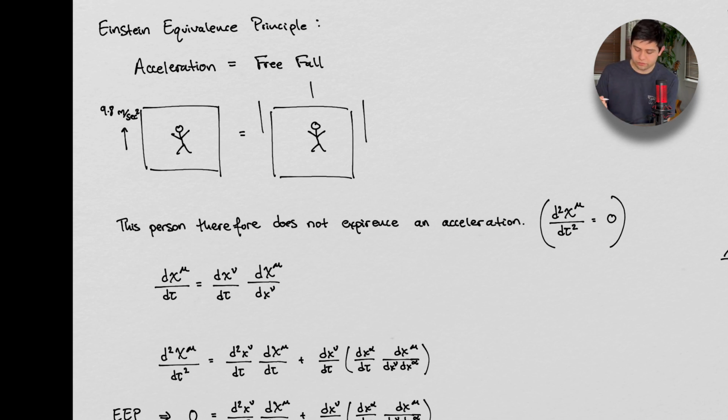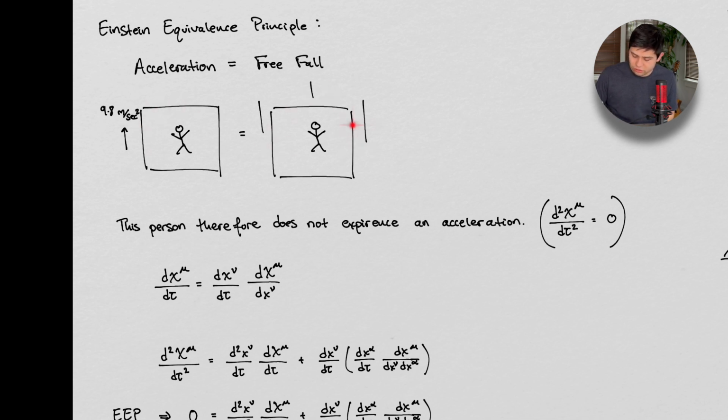So this first derivation is really just the idea that acceleration is equal to free fall. This was the thing that Einstein came to in his famous thought experiment in an elevator, where he figured that he wouldn't really be able to tell any difference if he was in an elevator falling from space, okay?